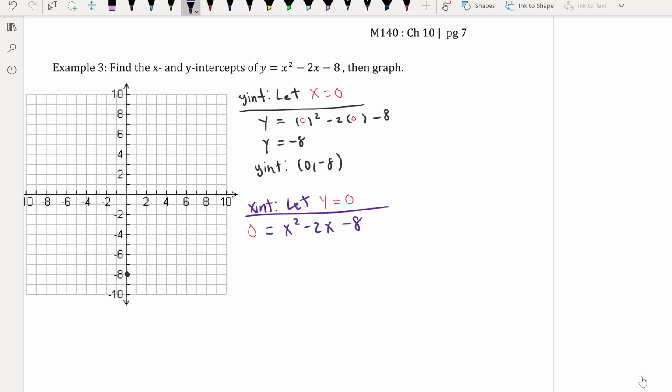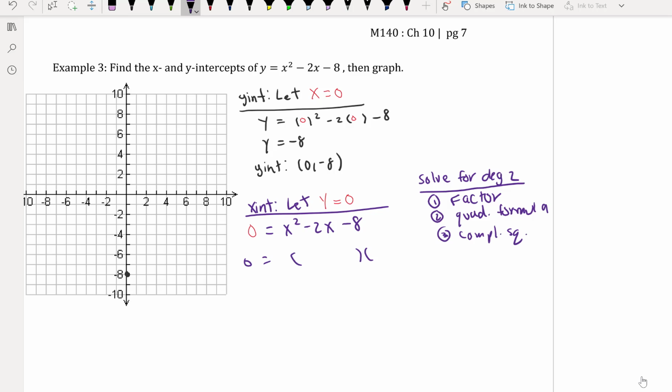Whenever you try to solve a degree 2 polynomial, that's my exponent, there's a couple of things you can try. You can try to factor, you can use the quadratic formula, or you can do completing the square. Here, I'm going to try to see if I can factor.